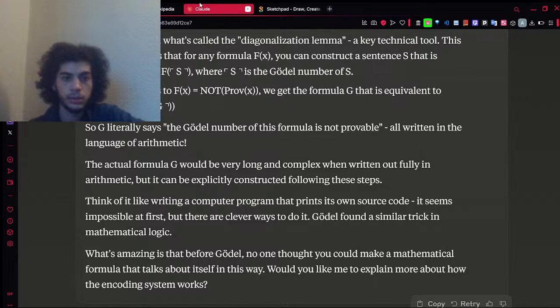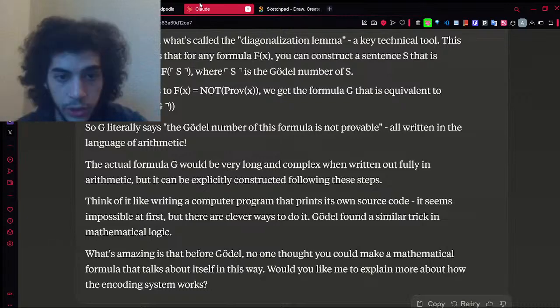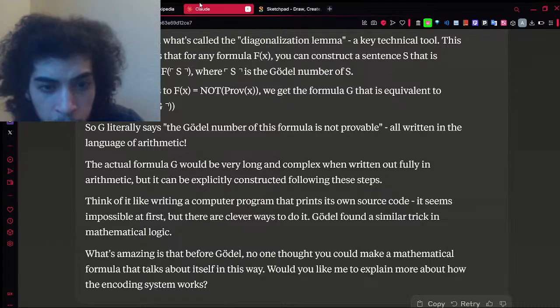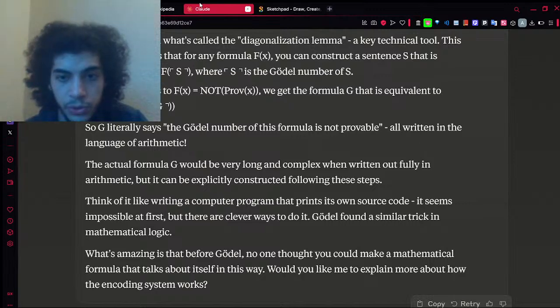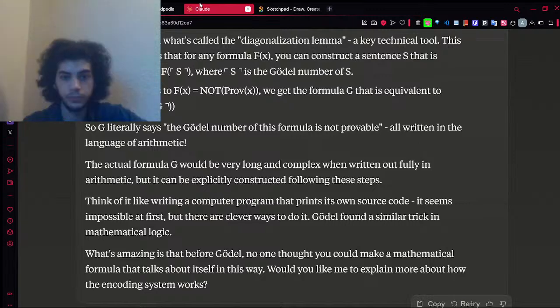It seems impossible at first, but there are clever ways to do it. Gödel found a similar trick in mathematical logic. What's amazing is that before Gödel, as far as we know, no one thought you could make a mathematical formula that talks about itself in this way.